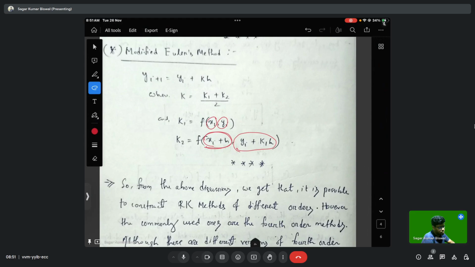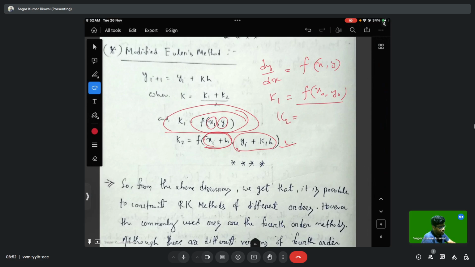The function will be given from the differential equation. Just in the place of the function, you don't need to know the derivation. Just know this formula and know this simple concept, what you are doing here. Right? The function will be given to you, dy by dx will be some function f of x, y. So to find k1, put the initial values, x0, y0. Right? Then what will be k2?